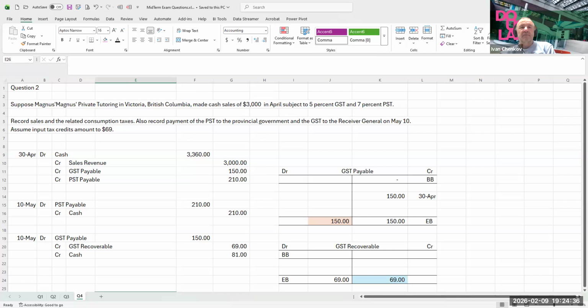Let's go now to question 4 on the Word document. That will be another question with the taxes. Sorry, the GST.